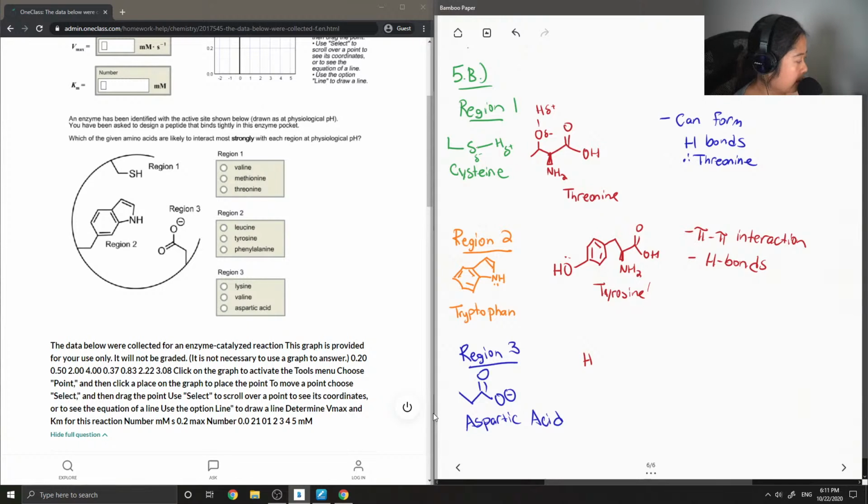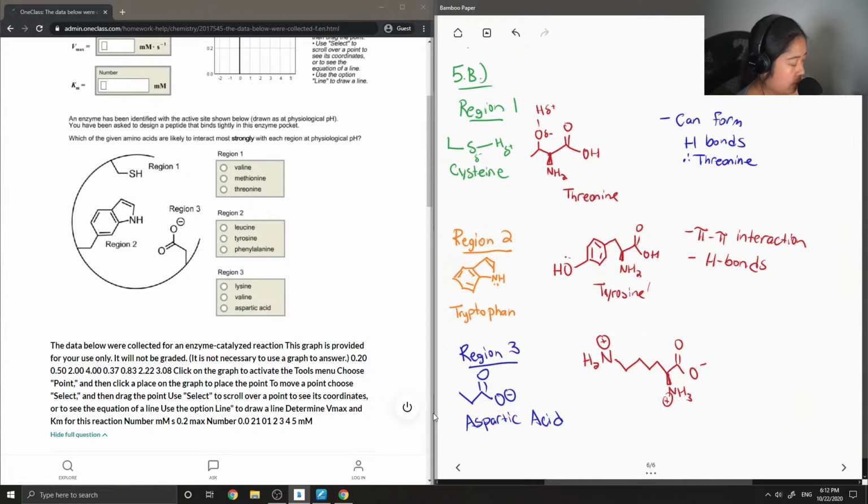So its R group looks like this, and I'm going to draw it with a positive charge just so that we can picture it. And then there's its carboxylic acid group. Here's the NH.